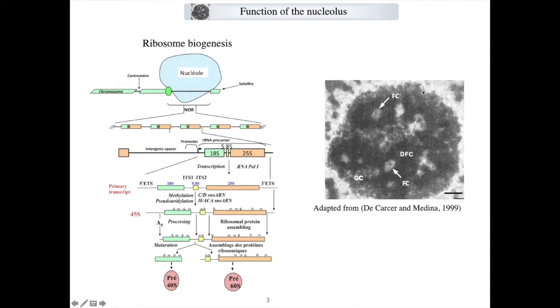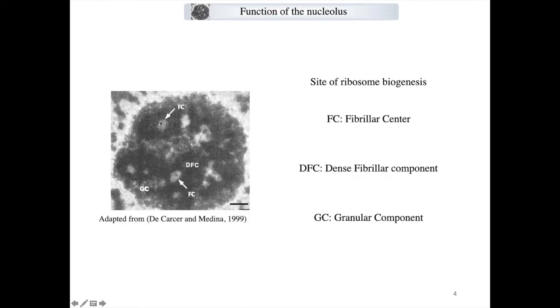Interestingly, if you look at the structure of the nucleolus by electron microscopy, you can find subnucleolar structures that correspond to steps of ribosome biogenesis. The clear areas are fibrillar centers, surrounded by the dense fibrillar component, and everything is embedded in what we call the granular component.